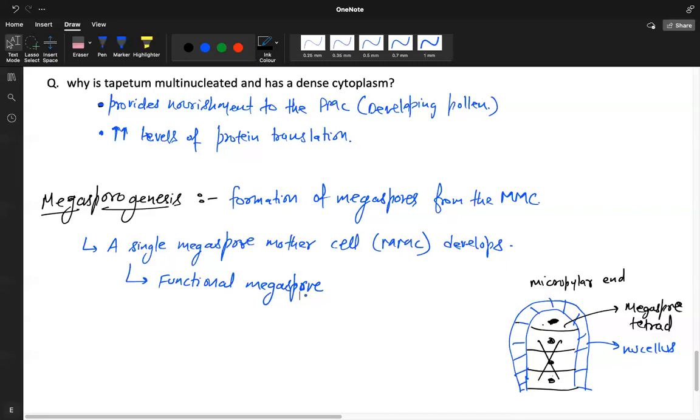One thing is you will end up having multiple embryo sacs. Normally plants go with this mechanism, and hence it is called monosporic development. If 2, 3, or all 4 start developing and there is no degeneration, then it will be a multisporic development. But I'm not sure which plants undergo multisporic development.